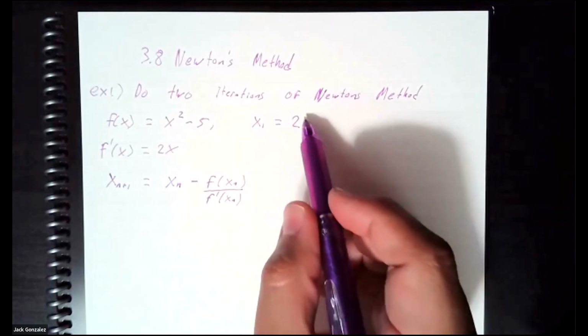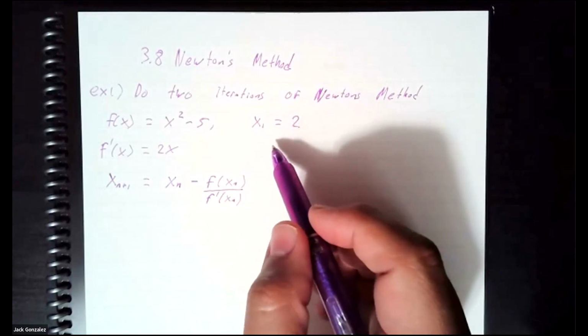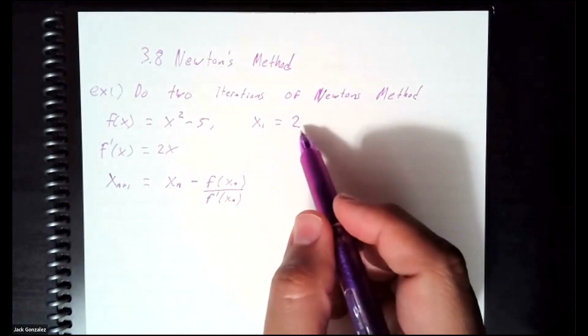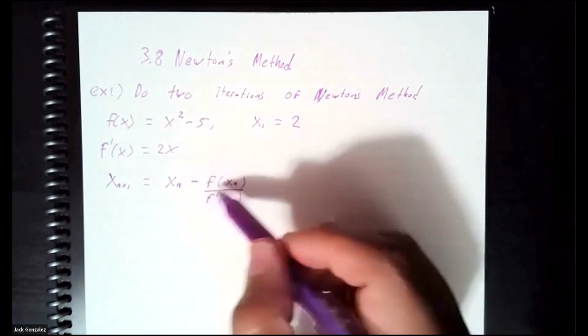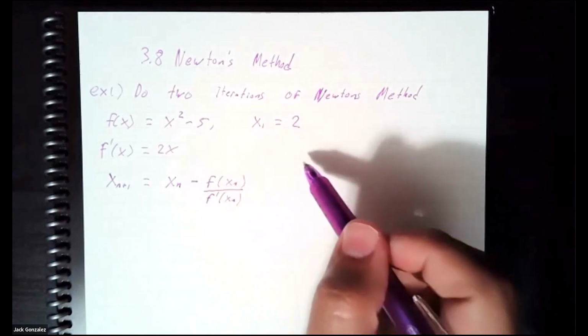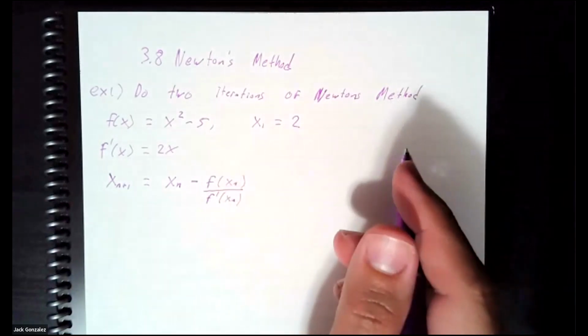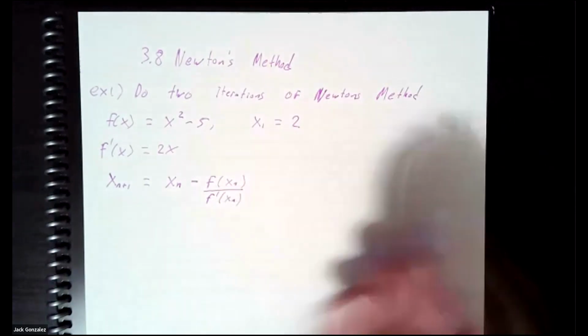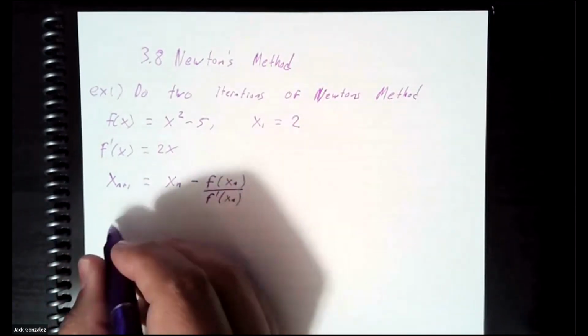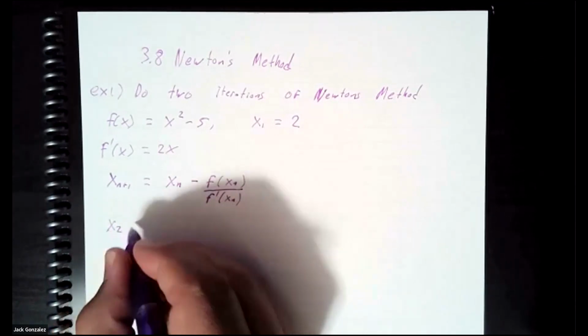So our starting point that they're giving us is an estimate. It can be anything really. They're guessing it's around 2. We're going to use this formula to approach the actual zero, which is about 2.23 something. I forget what we just looked at. So we're looking for x2.